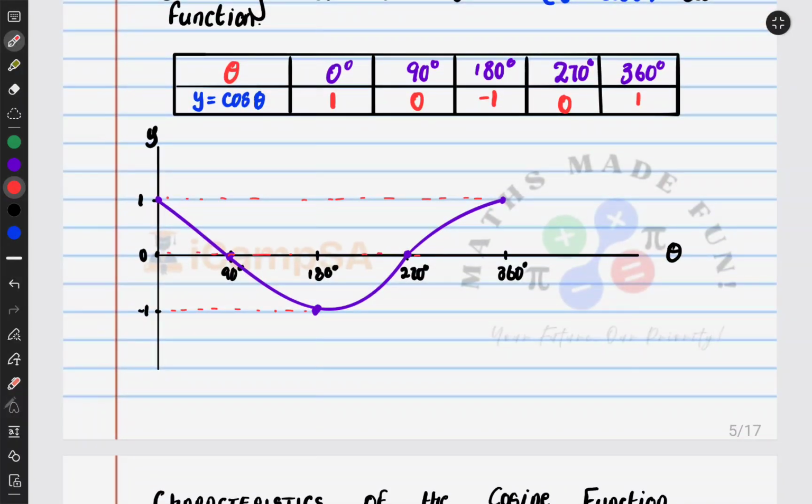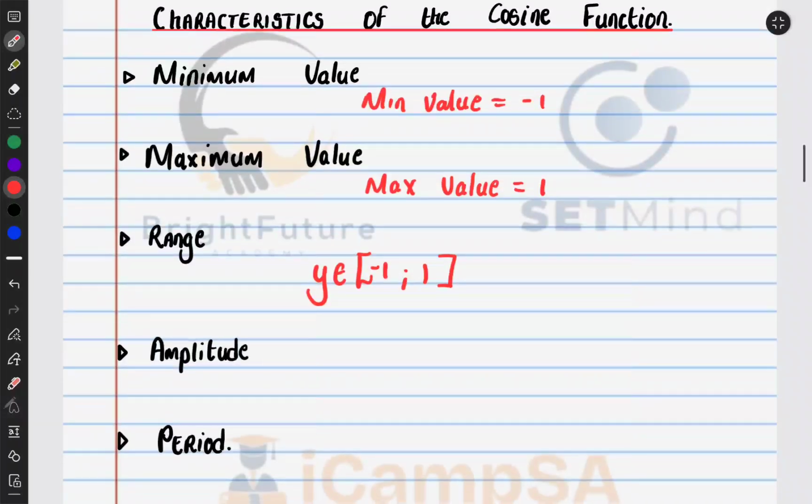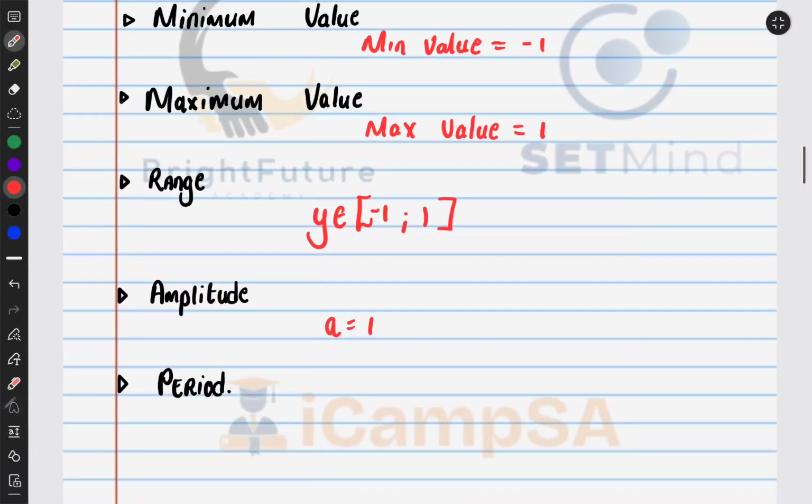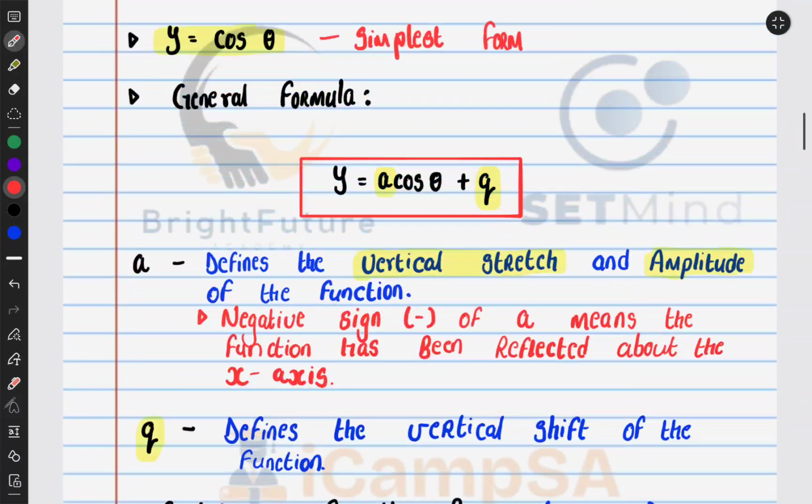This is our baseline, and you can see that the function is stretched from 0 to 1, so you can either use the formula that I've introduced for you, or you can just determine the amplitude by looking at the function. Once again, the amplitude of this one is a equal to 1. That is the amplitude. And then the period, once again, is gonna be p is equal to 360 degrees.